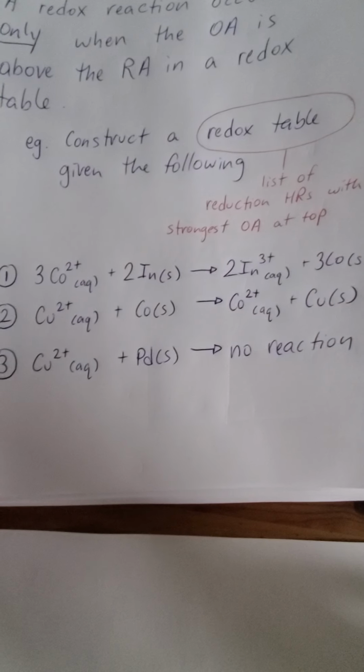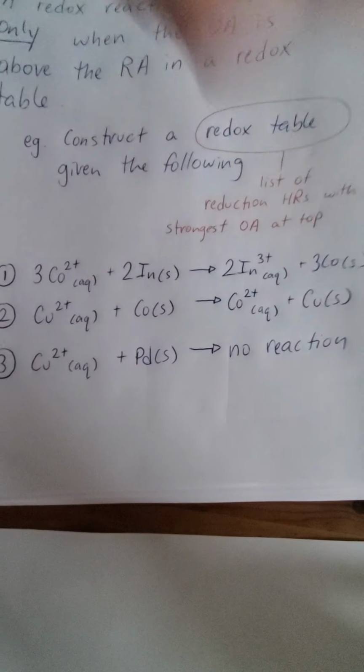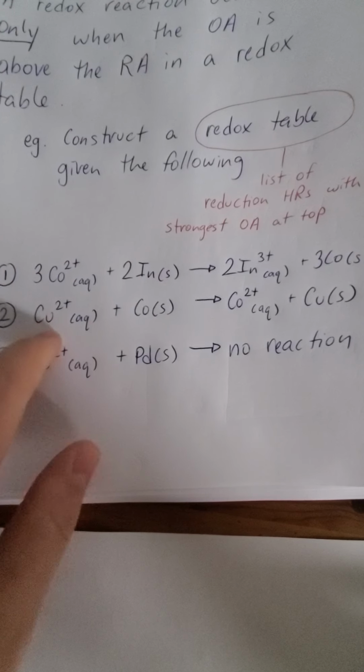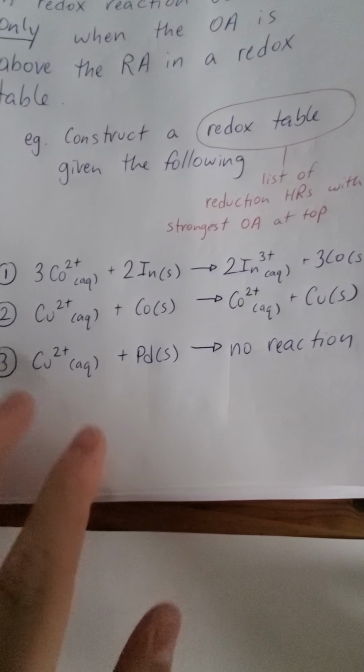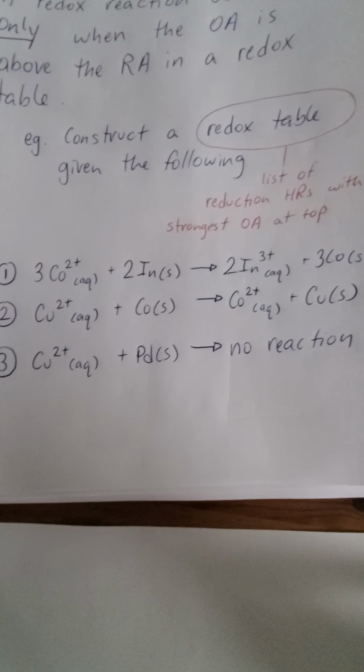First, cobalt ions react with indium in a redox reaction. That means whatever the OA is in this reaction, it's above the RA. We know that copper ions react with cobalt. We also know that copper ions don't react with palladium.